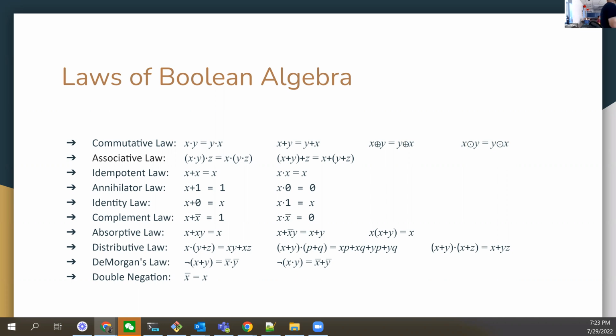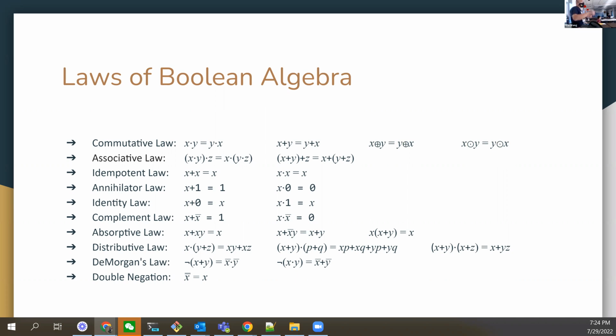Associative law, meaning that again, the order in those operations does not matter, or if you change the order, the results are the same. So these are the laws that we would have to remember if we want to do well with the Boolean expressions.